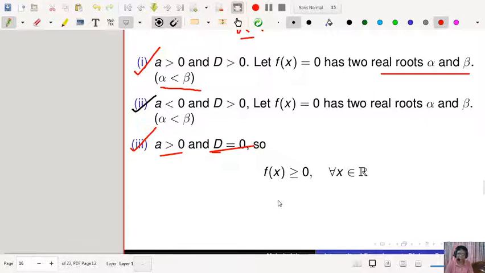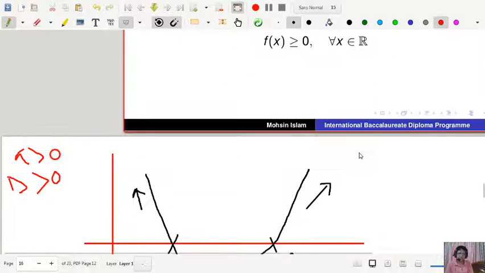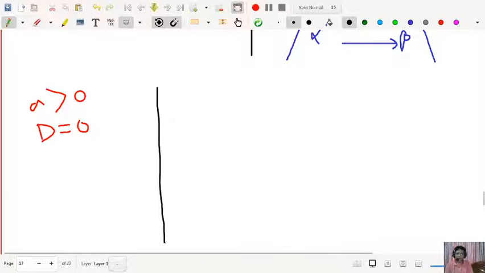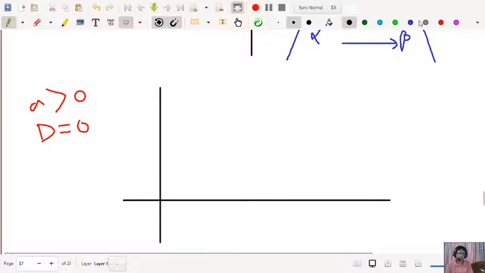Discriminant equal to 0 means b² = 4ac, right? But a is positive. So the third case: a is positive, D is equal to 0. That will be like this, you look at that.